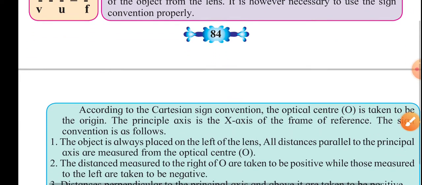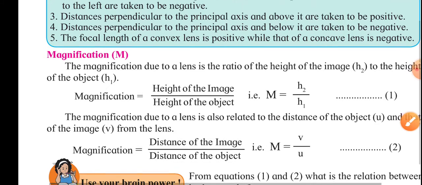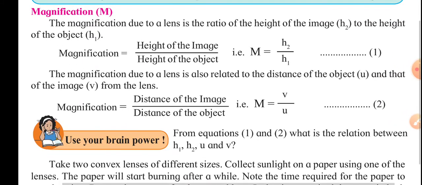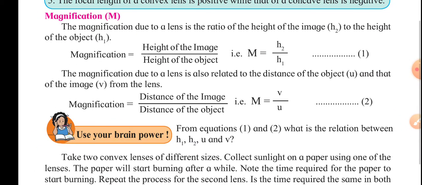This formula we use to solve various numericals, or to calculate theoretically where the image will form for a particular lens if we know the distance of the object kept from the lens and its focal length.